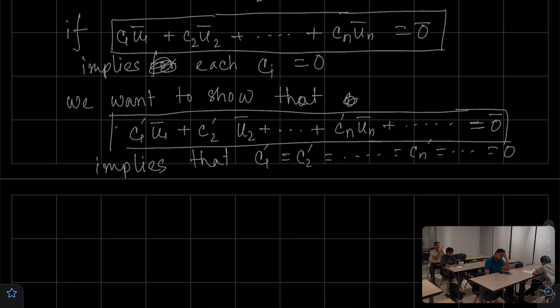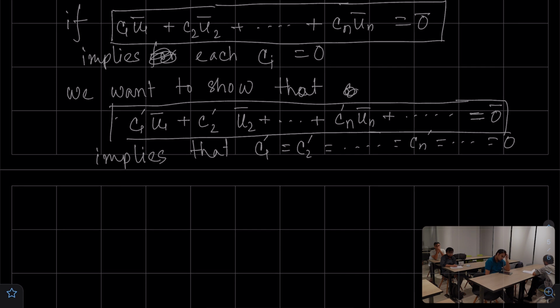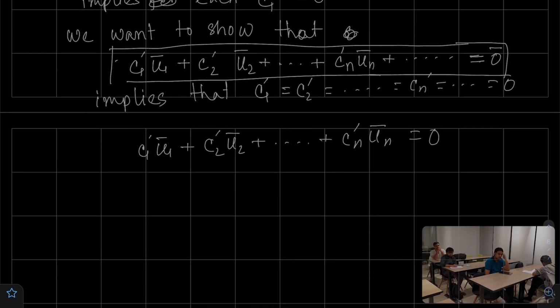Now tell me one thing: the given part is actually c1 prime u1 plus c2 prime u2 plus ... cn prime un vector equal to 0, right?